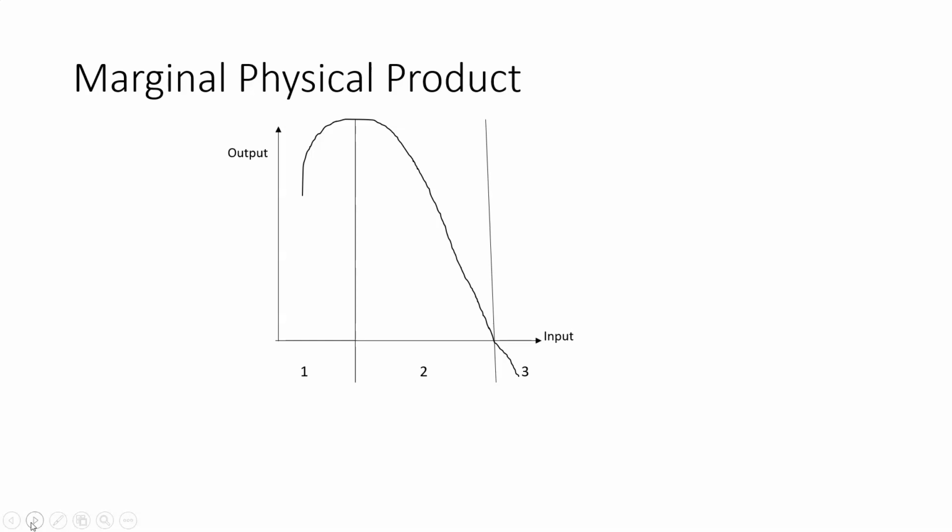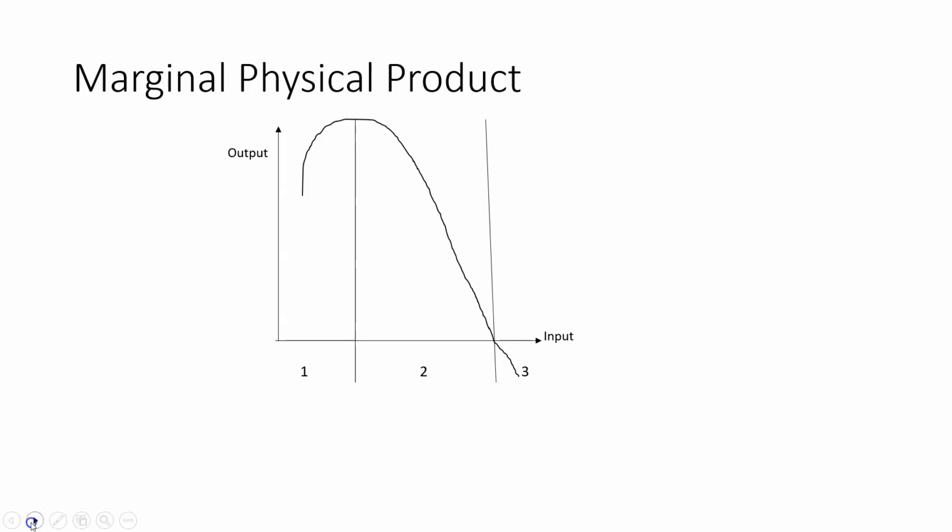Once we get to the third ton through the 8th ton, we see a decrease in output. With the 9th ton, we see output becoming negative.